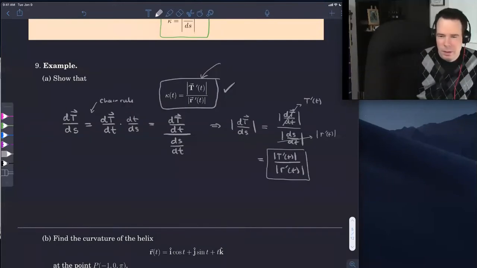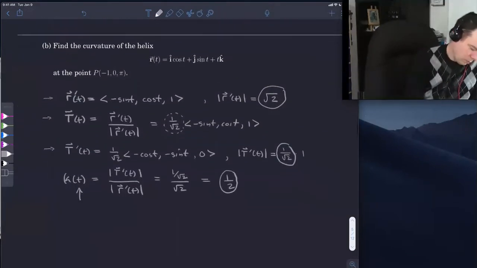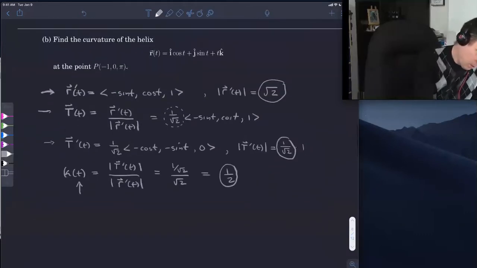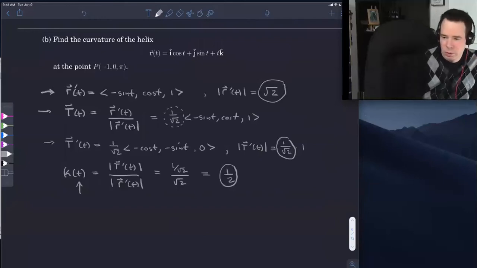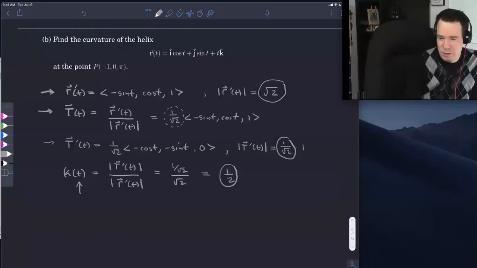That one is a little bit more complicated to use because if we look down at the example, I needed to first find r prime, and then I needed to find its magnitude. So I had to find the magnitude of r prime of t, which was root 2, and then I had to divide r prime of t by its magnitude to normalize it to get us the unit tangent vector T. And then I had to differentiate that.